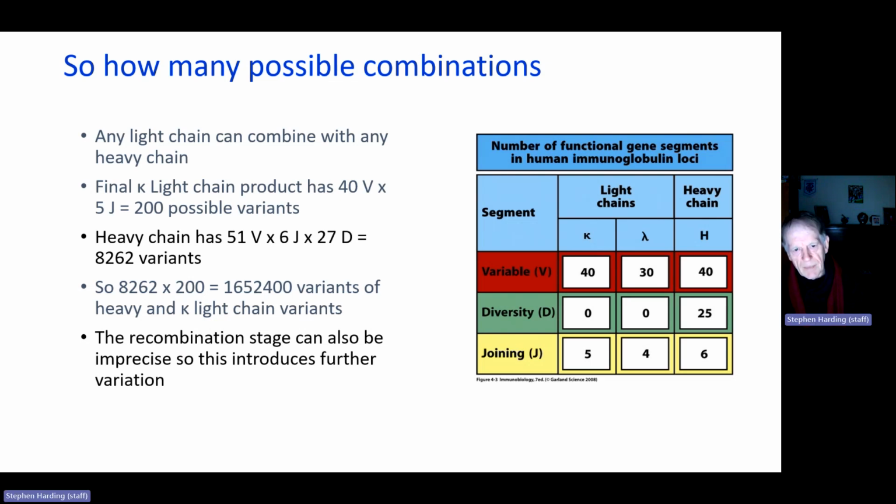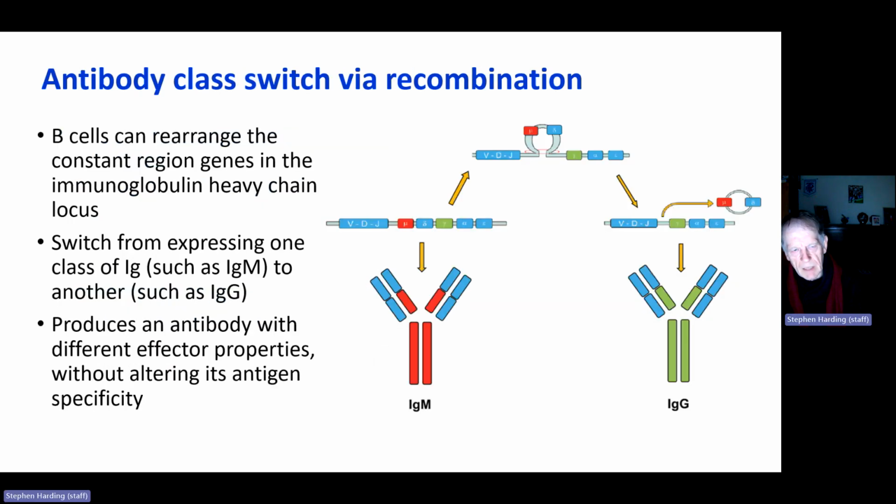in the antibody variable region to recognize the huge number of possible antigen determinants. And we can get class switch via recombination.